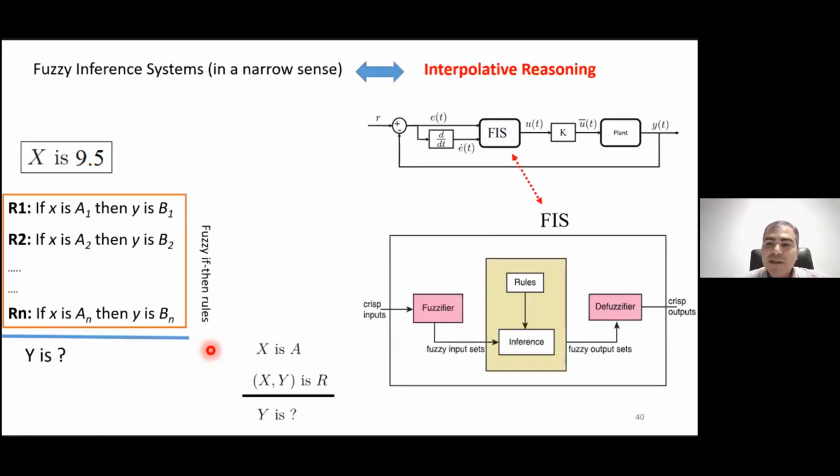A fuzzy inference system, in a narrow sense, which has been used and applied in so many applications, corresponds to the interpolative reasoning.